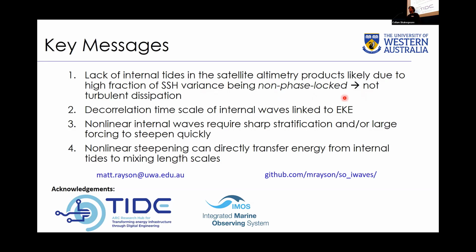And it's probably not the turbulent dissipation of internal waves propagating through the medium. This decorrelation timescale is probably the parameter of interest, and I don't think anyone has quantified that globally from the models, so it's definitely worth looking at.